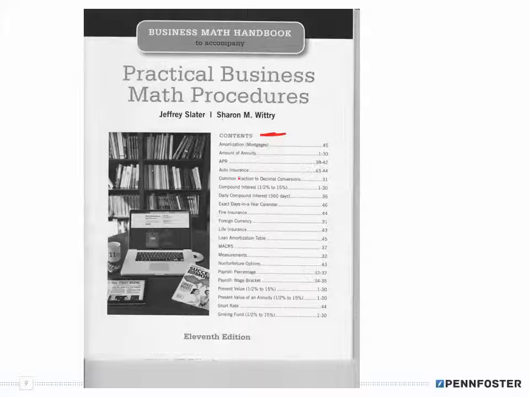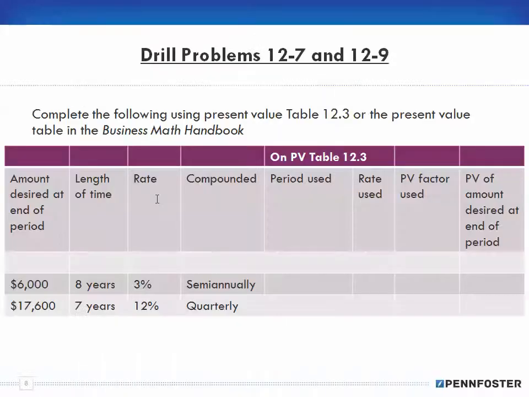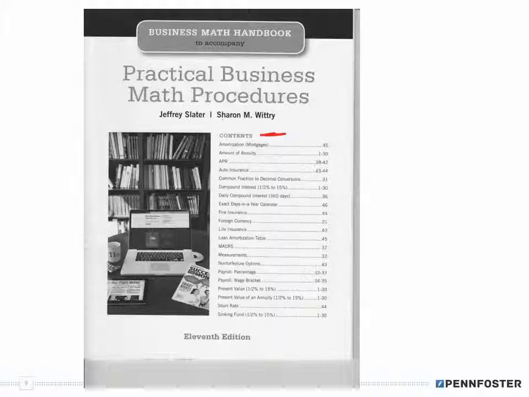For example, for problem 12-7 and 12-9, it says complete the following using present value table 12.3. Well, if I'm looking at my table of contents, I can see that I have compound interest here from pages 1 to 30. And if I go all the way down here, I also see present value right here, from pages 1 to 30.